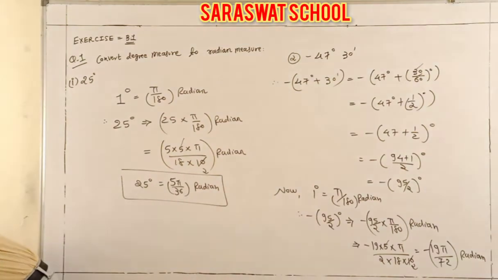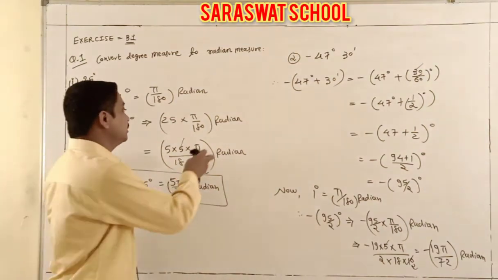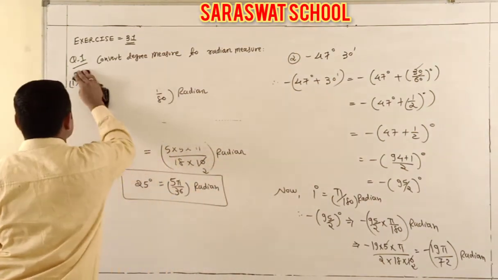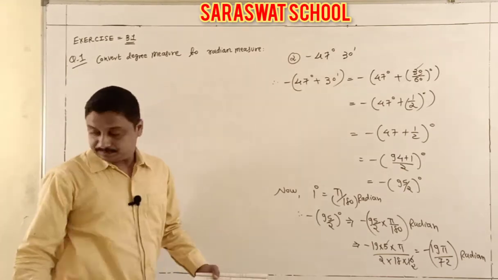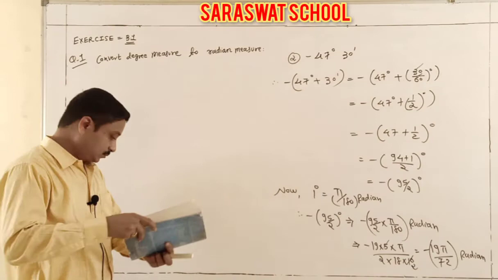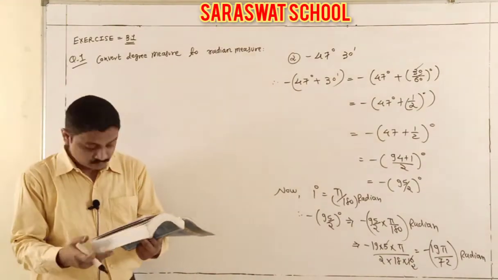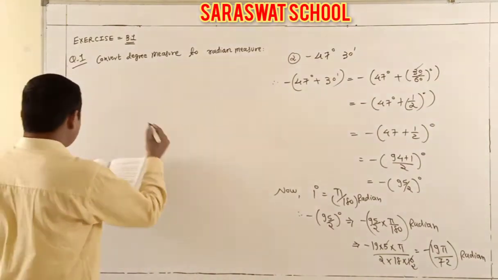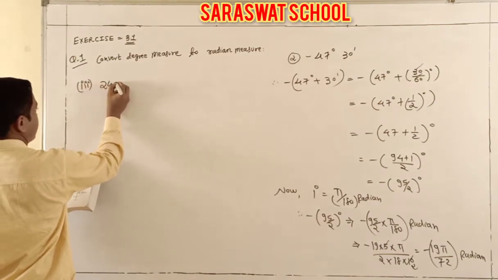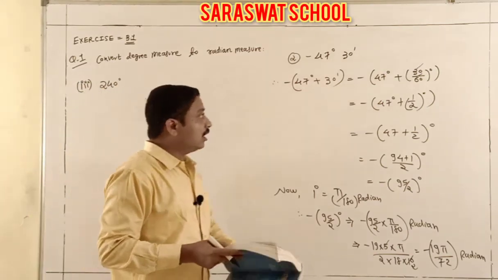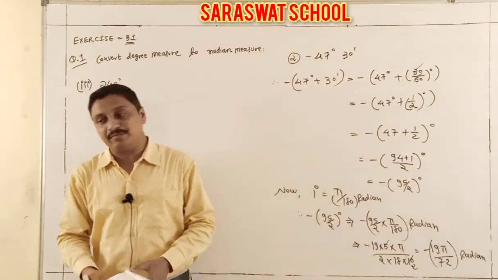Now continue, go ahead. Our question number third, same application. The third question is 240 degree, converting into the radian measure.